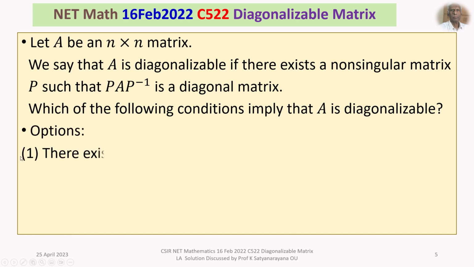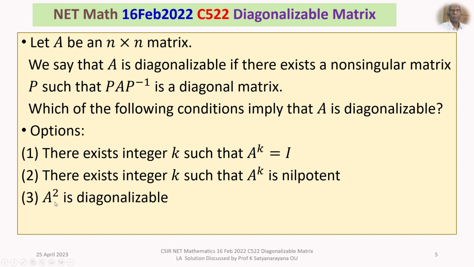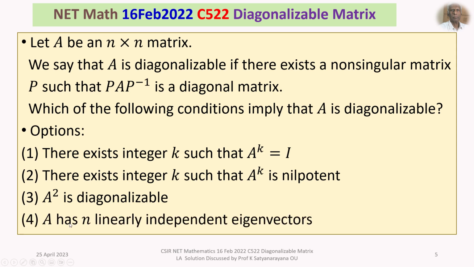Option 1. There exists an integer k such that A power k is equal to identity. Option 2. There exists an integer k such that A power k is nilpotent. Option 3. A square is diagonalizable. Option 4. A has n linearly independent eigenvectors.